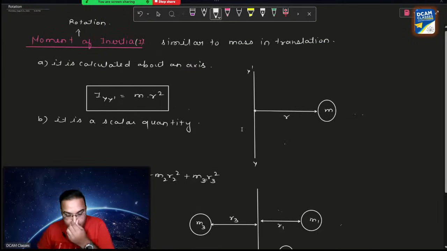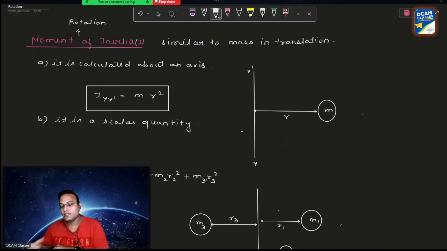See, what I told, till now, the basic part of rotation, comparing the translation with rotation, that we have done in circular motion. Besides that knowledge, when we start rotation, we actually revise that. But since we already know that part, I'm not doing it again.